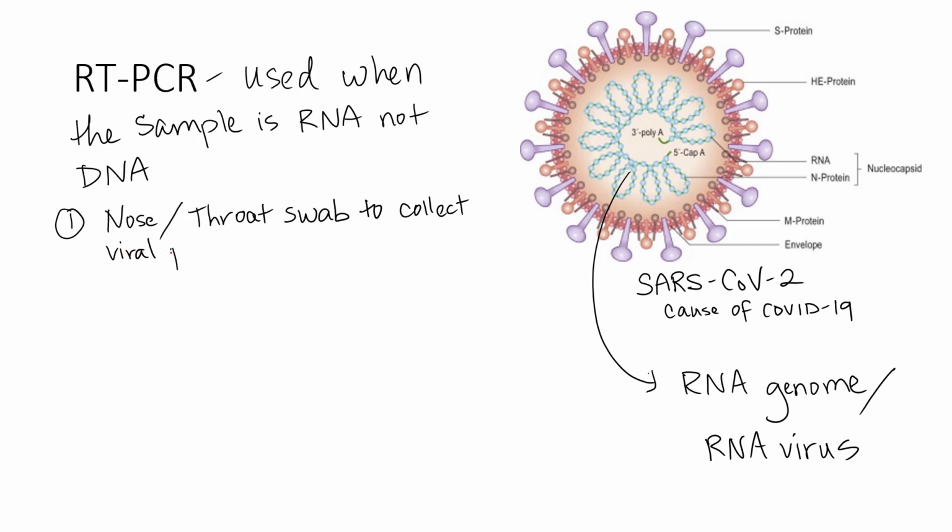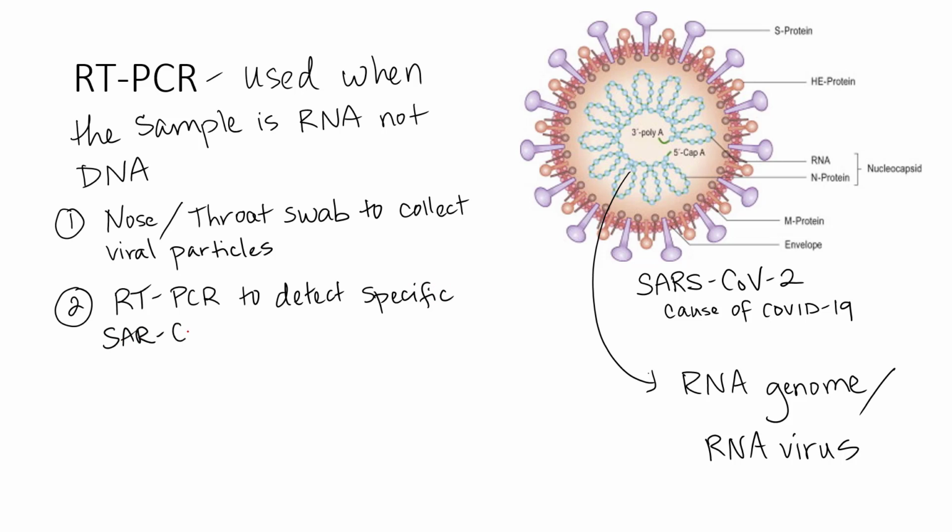So we would be collecting viral particles. You would pick up some of the patient's cells in the process, but we would want the viral particles. And then we would do RT-PCR, and this would be to detect specific SARS-CoV-2 genes.